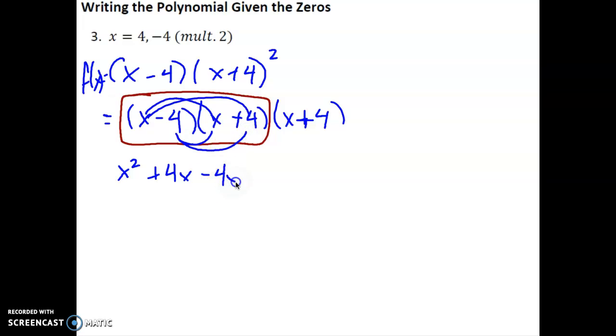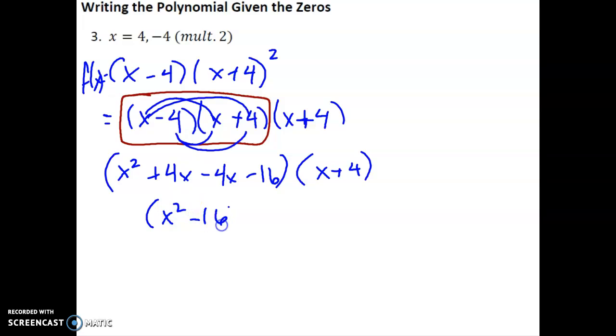So I've got -4x minus 16. Remember, I've still got this x plus 4 over here on the side. So inside the parentheses, I see that I have some like terms. +4x and -4x are opposites. They cancel out. And so I have this, x squared minus 16, and then x plus 4.